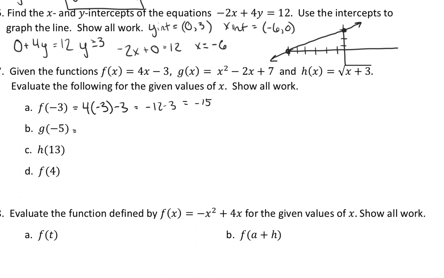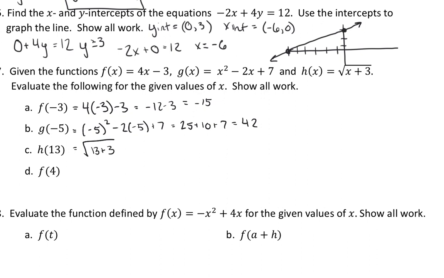All right, and now for this one, wherever we see an x, we'll plug in a negative 5. So that's going to be 25 plus 10 plus 7, which is going to be equal to 42. This one, we're just going to plug in a 13 every time we see an x.